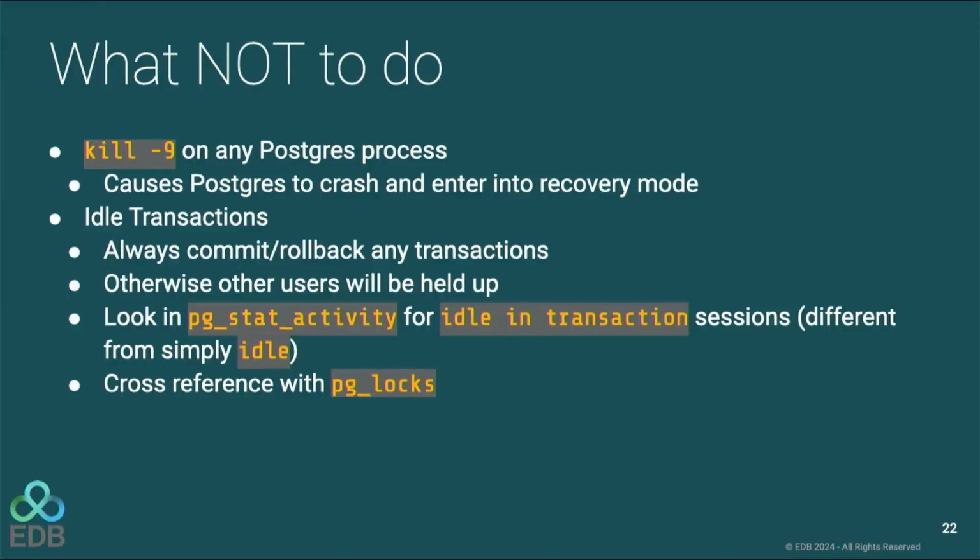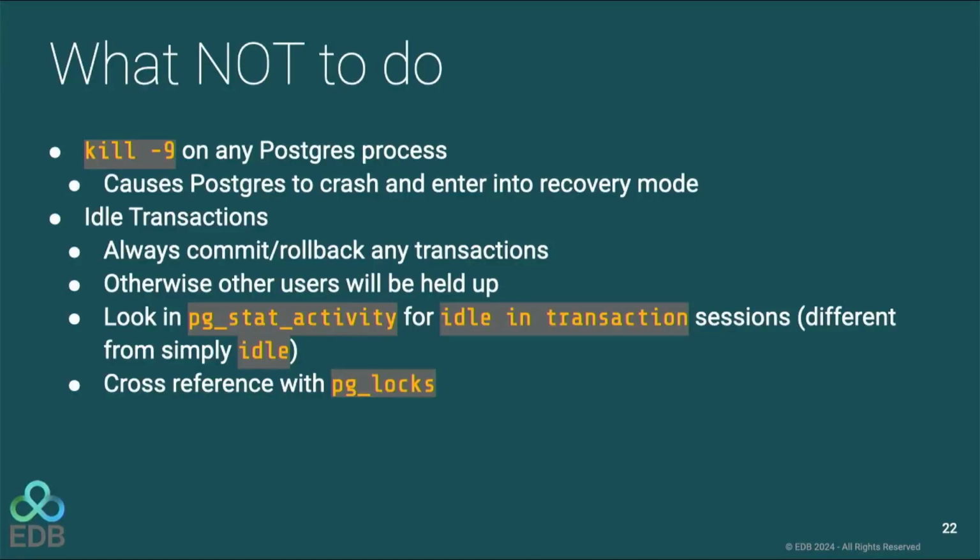When you are working with idle transactions and queries, always commit or roll back the transaction. Sometimes people write programs and forget to add a commit or rollback, and that leaves the transaction open and blocks other users.